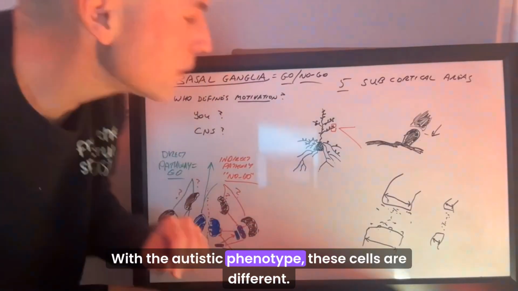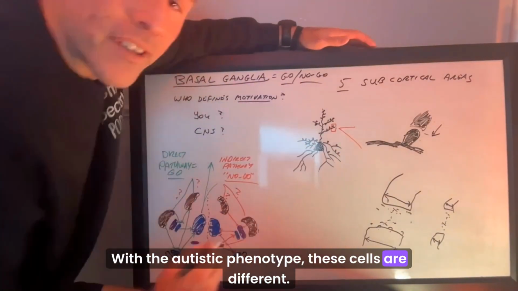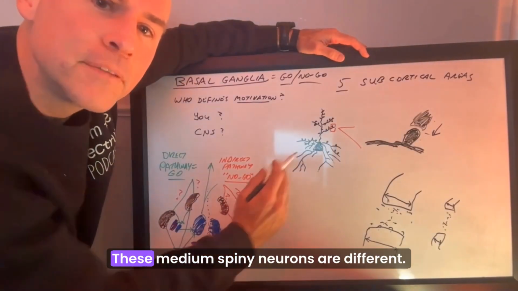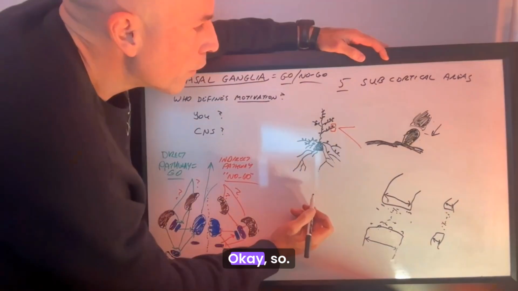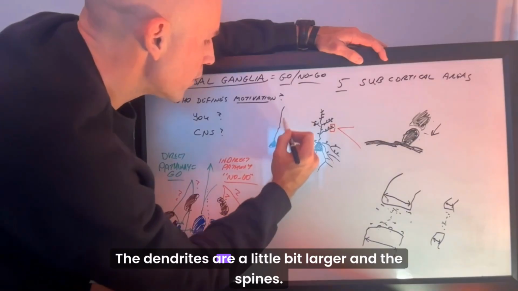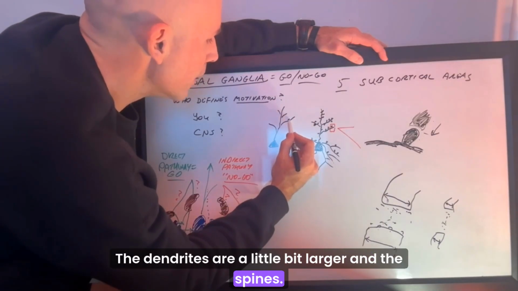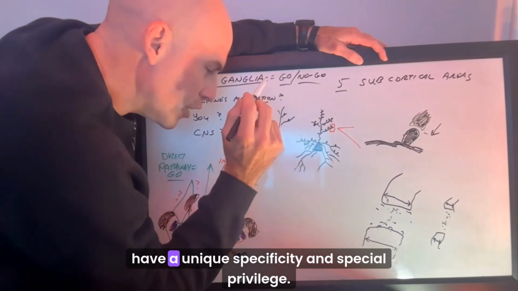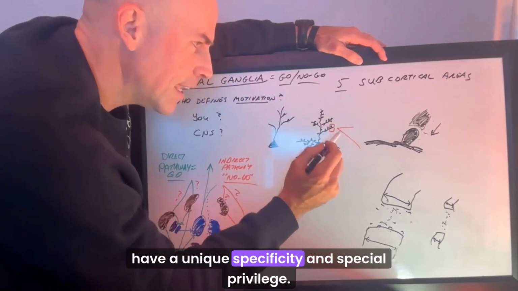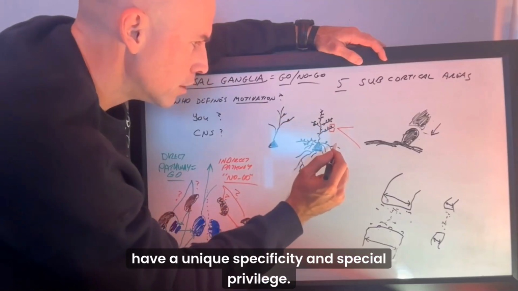With the autistic phenotype, these cells are different. These medium spiny neurons are different. Okay, so dendrites are a little bit larger, and the spines have a unique specificity and special privilege.